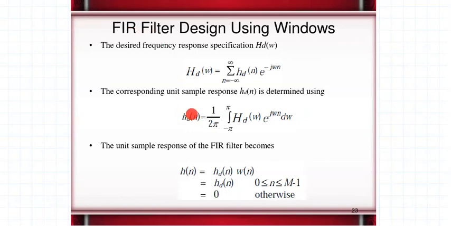This infinite impulse response that you obtain at this stage is made finite by multiplying it with a window. So we are going to multiply the impulse response with a window and truncate it. Now you can see here, after I multiply it with a window, my impulse response exists only for M samples.